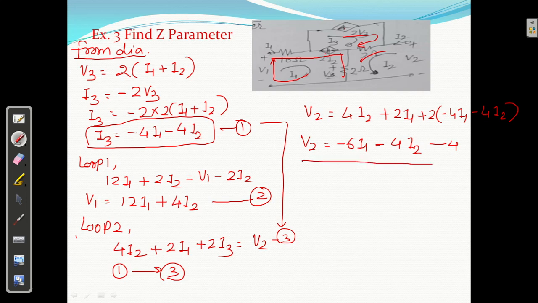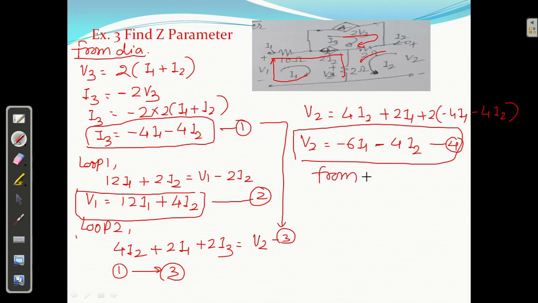So from equation number 2 and equation number 4, if you compare with the standard equation of Z parameter, what is the standard equation of Z parameter?